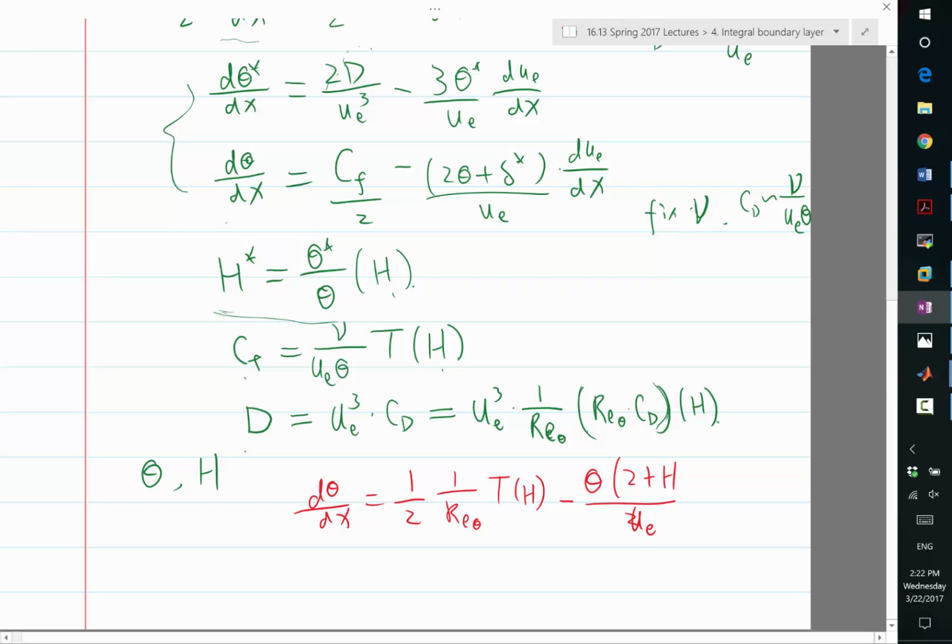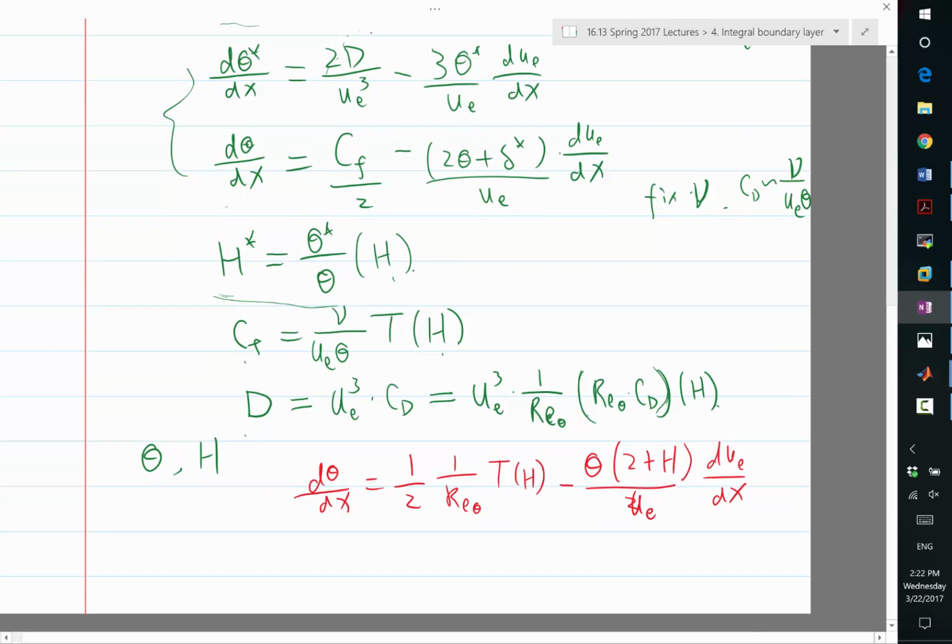Since delta star is equal to theta times H, times dUE dx. So this is going to be the equation for theta.